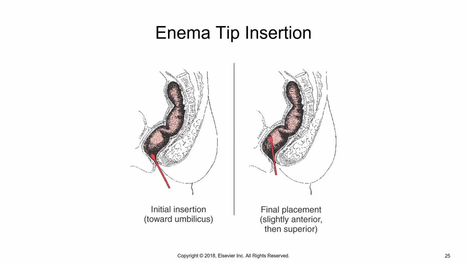It's not like you're directing it. You're not thinking, okay, I'm going 1 to 4 inches forward, and then I'm going towards the belly button, and then I'm going superior. You're not thinking that at all. You're literally just sliding that in. If you've ever had a child and done a rectal temperature, you know that the thermometer just goes in.